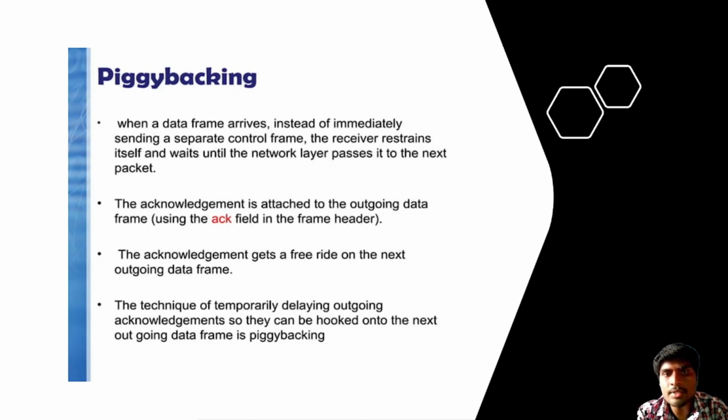The acknowledgement is attached to the outgoing data frame, using an acknowledgement field in the frame header. The acknowledgement gets a free ride on the next outgoing data frame. The technique of temporarily delaying outgoing acknowledgements so they can be hooked onto the next outgoing data frame is piggybacking.